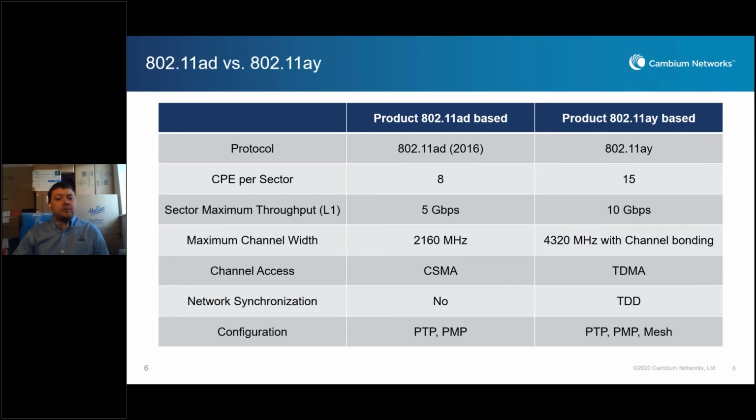All of the improvements from .11ad to .11ay can be leveraged to provide a robust, high-performing backhaul for external deployments.